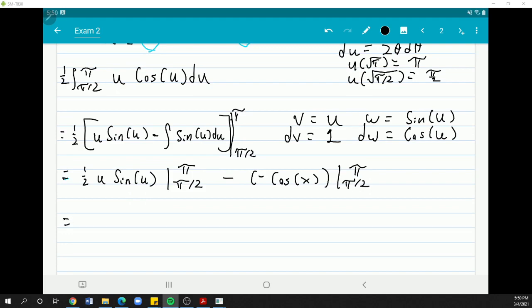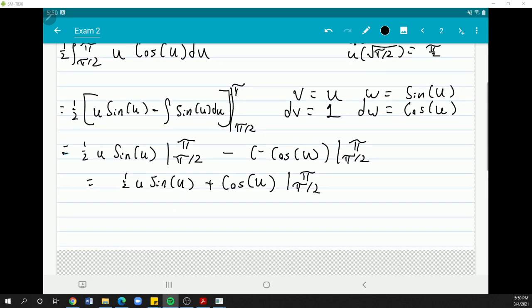So now we plug in. Let me do this at least a little bit easier. Put everything together so I can plug everything in at once. Minus minus gives me a plus. And this x should be a u. Evaluate that from pi over 2 to pi.